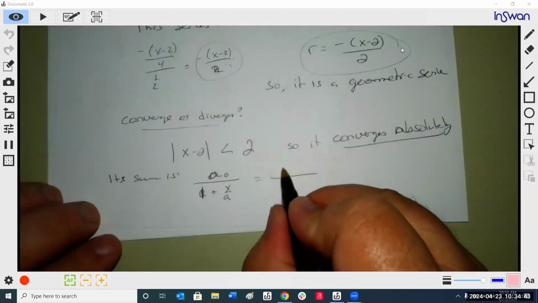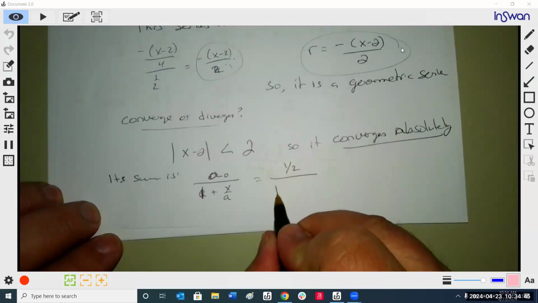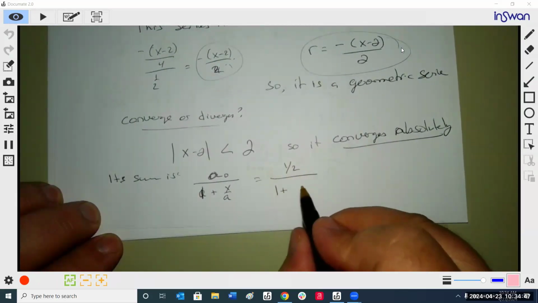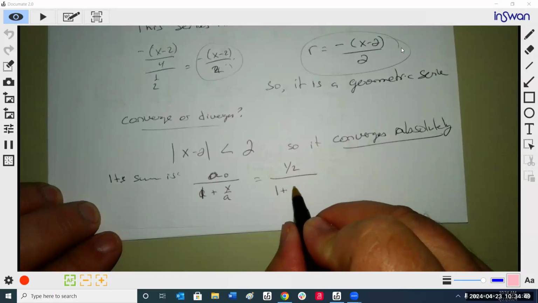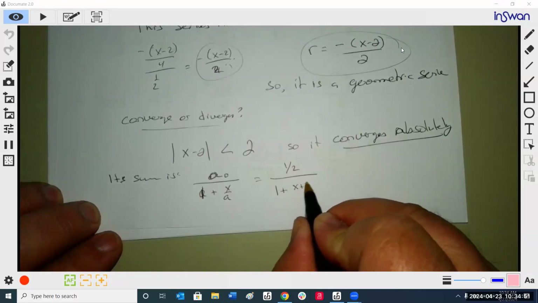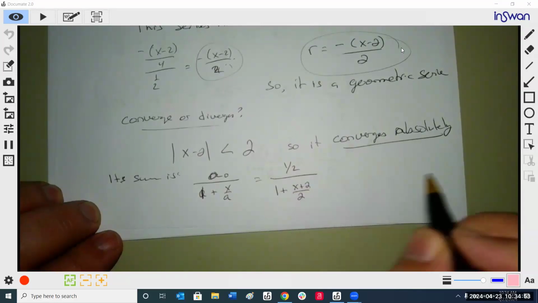The first term is 1/2, over 1 plus x minus 2 over 2.